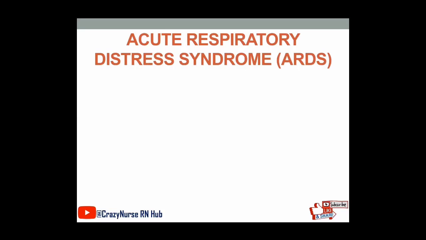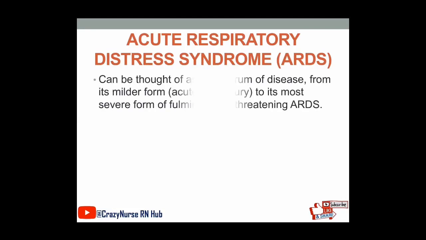Now let's proceed to acute respiratory distress syndrome or ARDS. It can be thought of as a spectrum of disease from its milder form, acute lung injury, to its most severe form of fulminant, life-threatening ARDS.